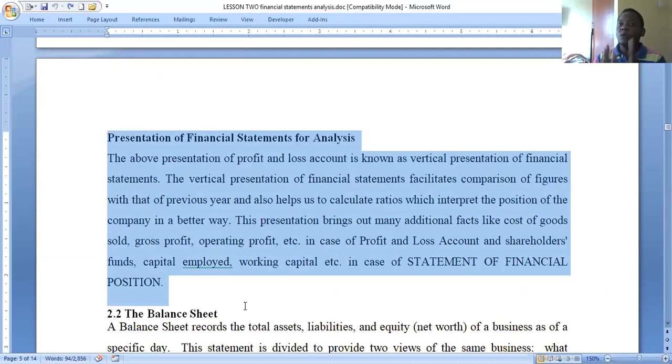That is, we are able to compare the performance of one business over time. It's easier to compare the performance of a business over time when we present the financial statements in a vertical format. So the vertical approach is usually preferred when analyzing financial statements.